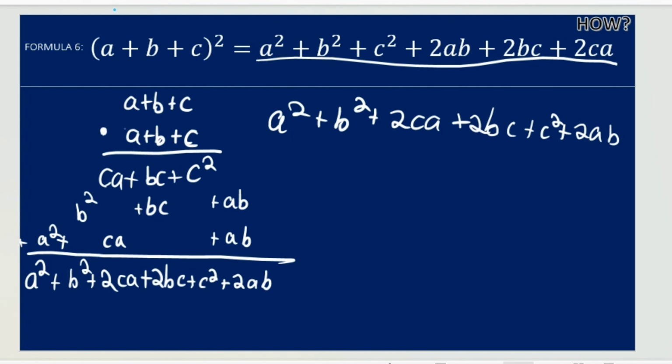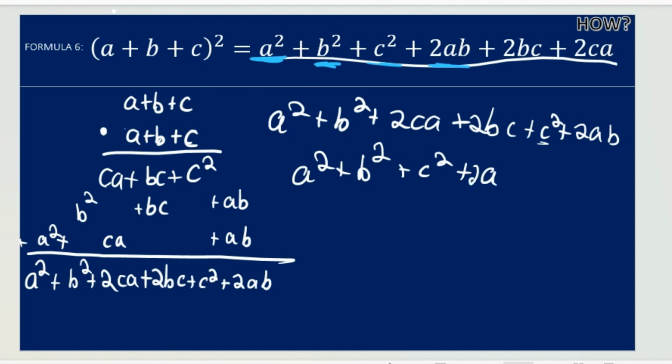So first is a squared, so we're going to write a squared plus. Next is b squared, so we write b squared. Next is c squared, so we're going to bring c squared from here all the way here. Next is going to be plus 2ab. So 2ab is all the way at the end, so we're going to bring it next to c squared.